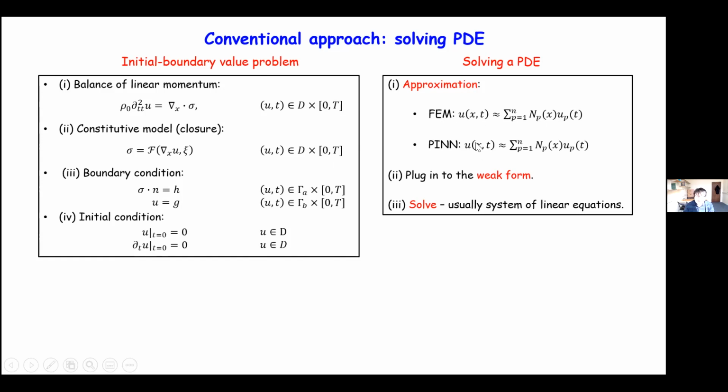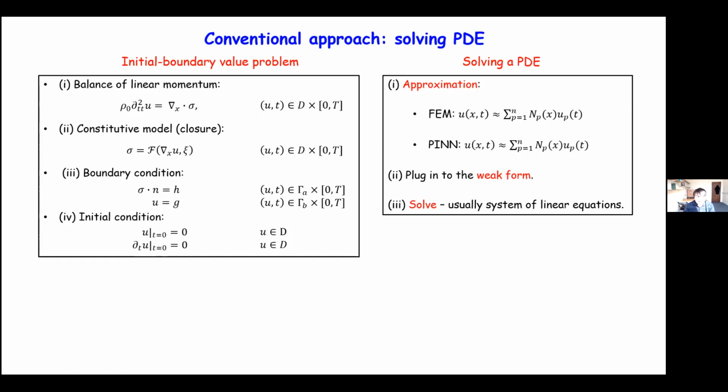If I use a neural network to approximate the solution, this is going to become... Oh, my apologies. What I meant here is an N, not a polynomial interpolation. But nevertheless, if I use a neural network, this is something called a physics-informed neural network. But again, this is basically in the framework of solving a PDE.